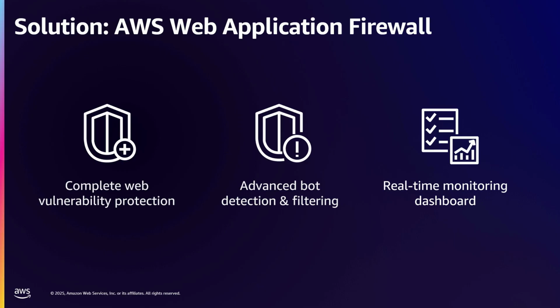This is where we can leverage one of our services, AWS Web Application Firewall, also known as AWS WAF. This service specifically provides level 7 protection in the OSI model and ensures that these applications are safe. With this service, we're able to ensure that we have complete web vulnerability protection.